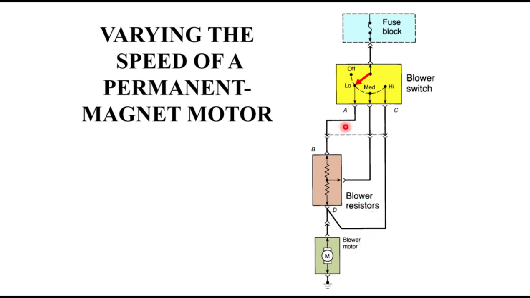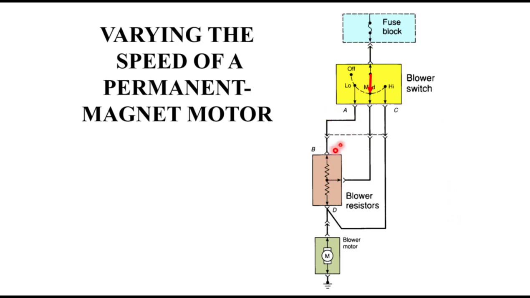So the only option that this current has is to flow from the source through all of these resistors or this total resistor, into the load. And because we're limiting the current, because we've put so much resistance in this circuit, the speed of this is limited. But if I want to go medium now, my current can travel down here to the midway point.